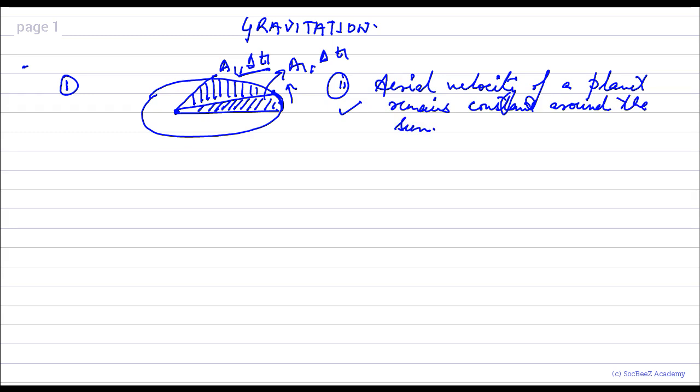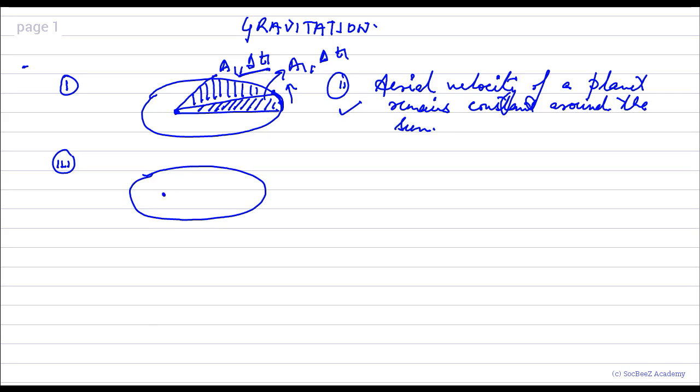Kepler's third law states that the square of the time period of the planet around the sun is proportional to the cube of the semi-major axis of the ellipse, or the mean distance of the planet from the sun. So like this is my elliptical path.